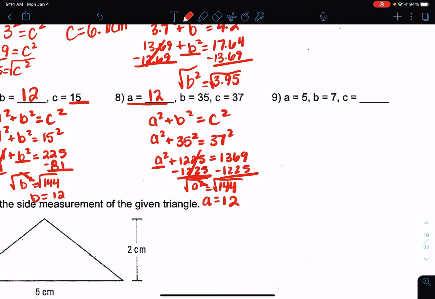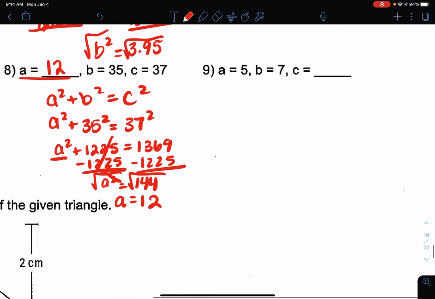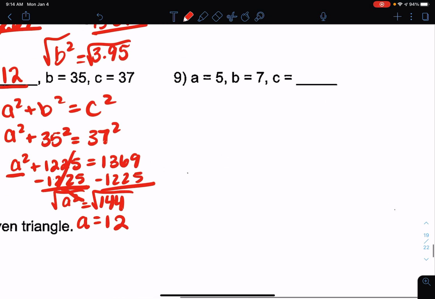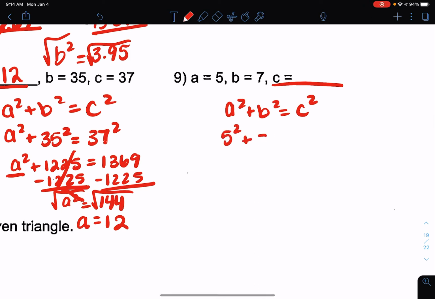Okay, and looking at that very last one, I have number 9. We do not have a measurement for c this time, so I'm not plugging in anything for c. So writing down my Pythagorean theorem once again, a squared plus b squared is equal to c squared. I'm plugging in a with 5, so 5 squared plus 7 squared is equal to c squared. 5 squared simplifies to 25, 7 squared simplifies to 49 equals c squared.